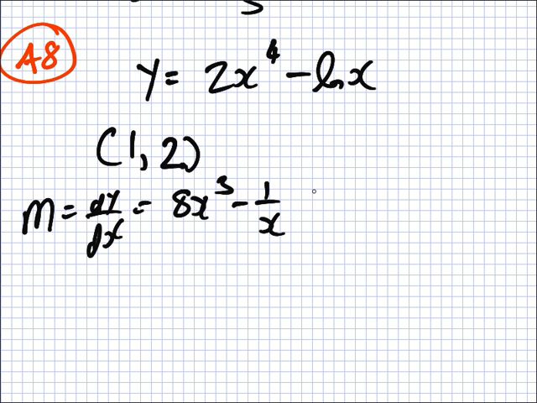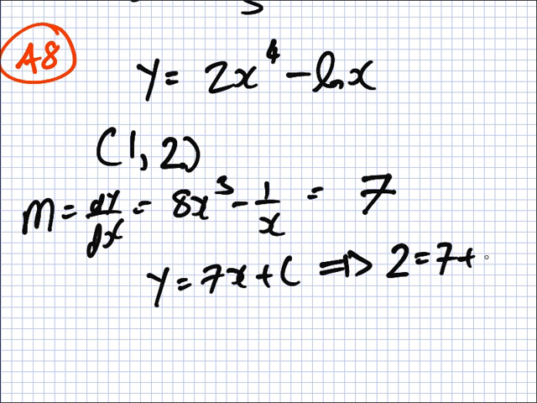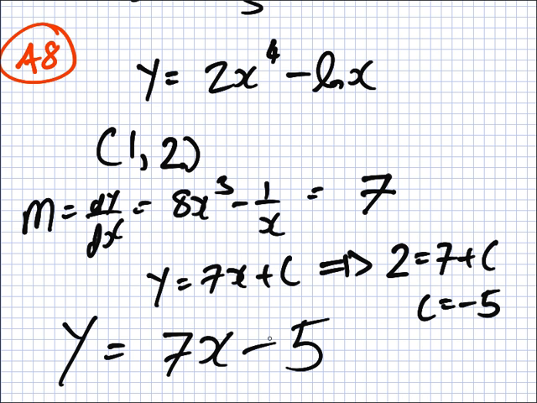And when you put x as 1, you get 7. So y equals 7x plus c. When you sub in your point, you get 2 equals 7 plus c, so c is minus 5. Y equals 7x minus 5.